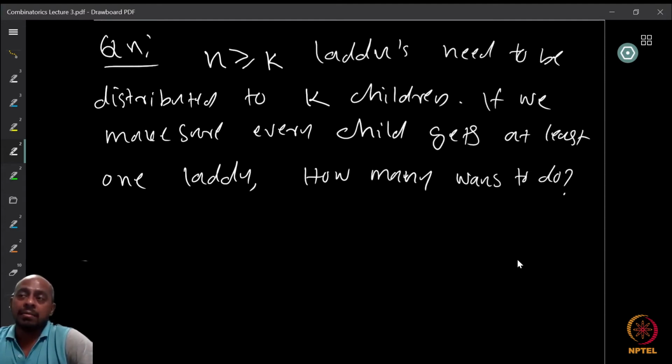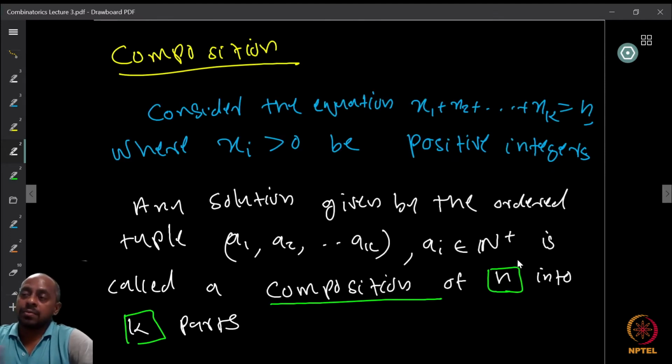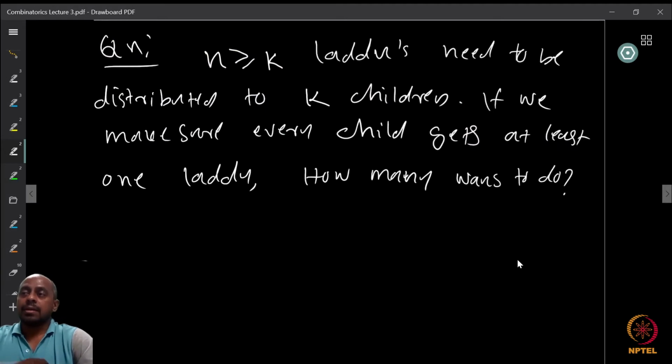Then the number of ways to do the distribution is precisely the number of solutions to this previous question of composition of n into k parts. The xi's are strictly positive integers, so everybody gets at least one.